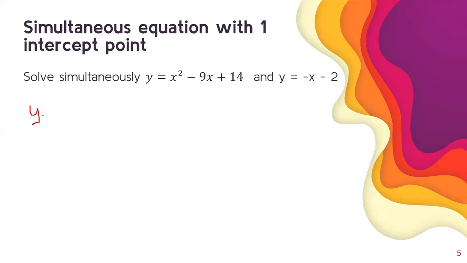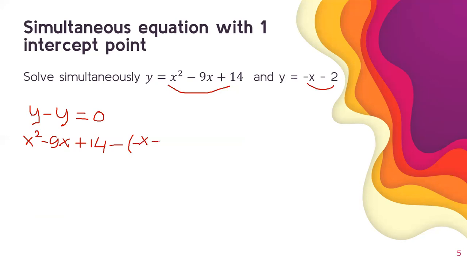Okay, if I write y minus y equals 0, it means x squared minus 9x plus 14, these expressions, minus (x minus 2), equals 0.